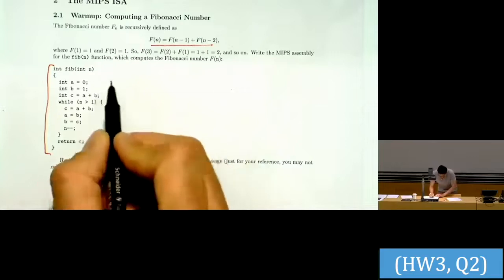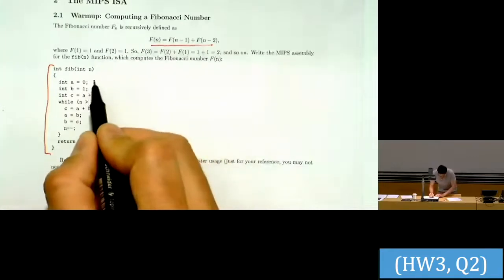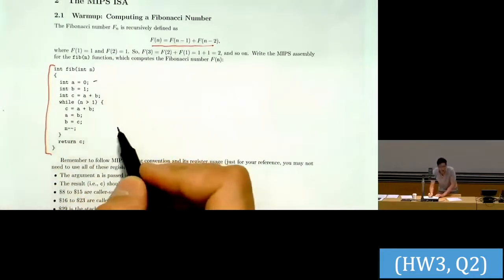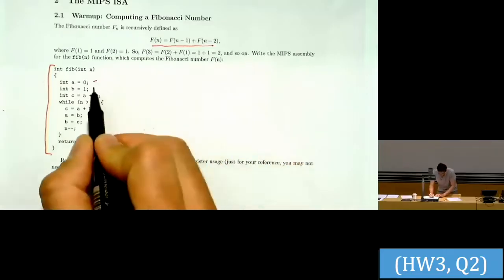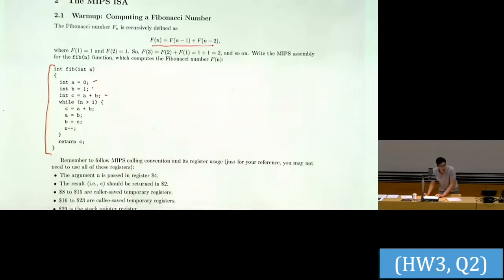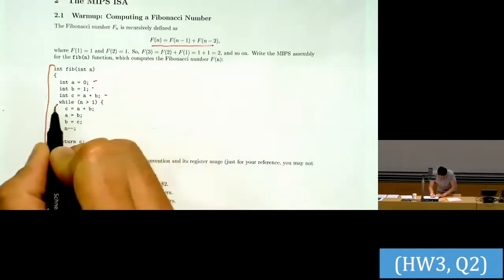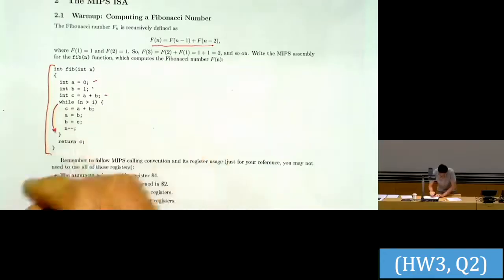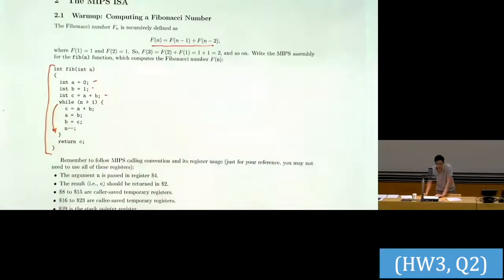So as you can see, we have 3 variables. We have A originally equal to 0, B equal to 1, and this is C, that is equal to A plus B. And then we get into this while loop that will be repeated like n minus 1 times.